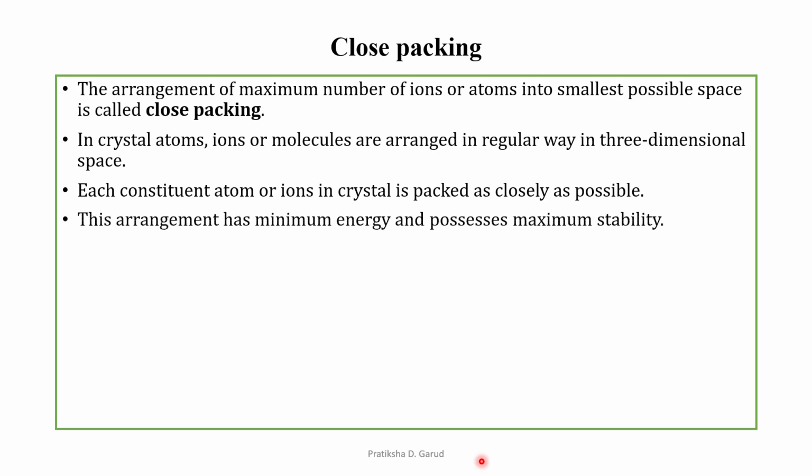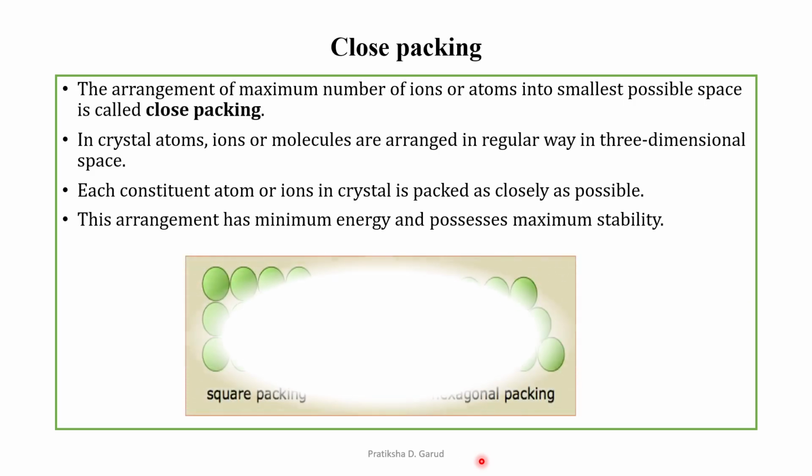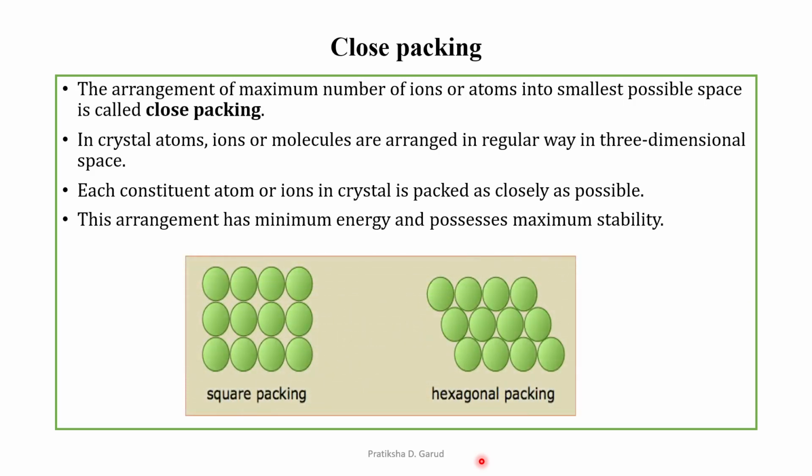This arrangement has minimum energy and hence it possesses maximum stability. On that basis, we can say that close packing may be of two types. It may be a square packing, or we can say a cubic close packing, right?